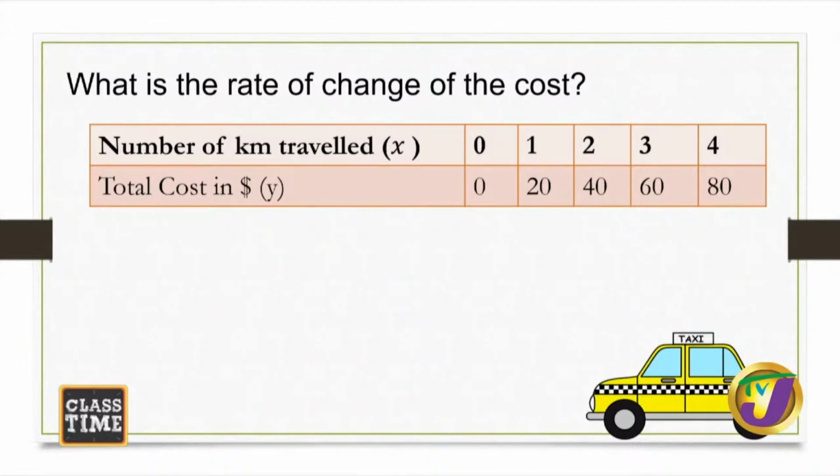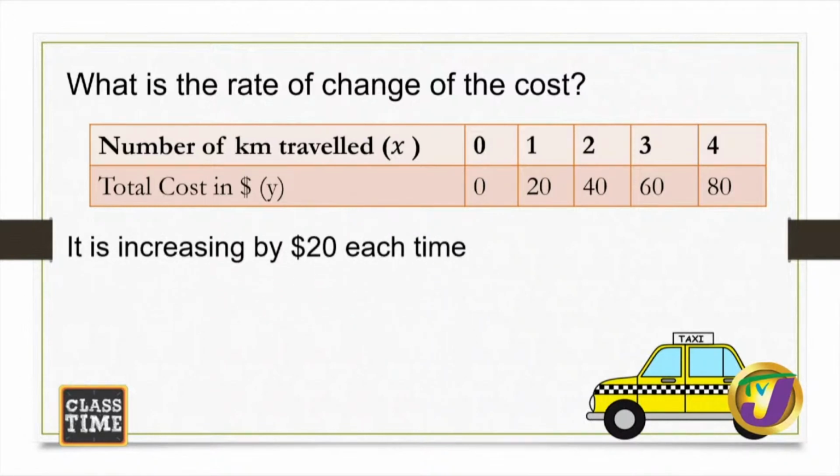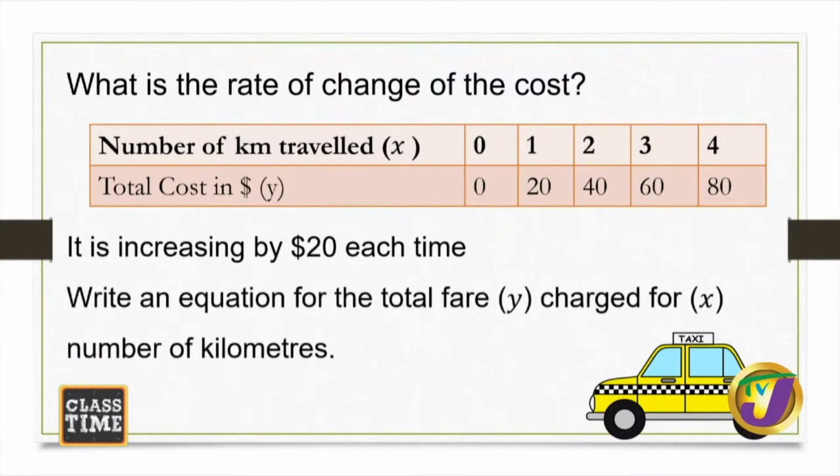In examining the table, we recognize that each kilometer we're increasing by $20. Very good observation. So each time we go up 1 kilometer, the cost is increasing by $20. You are right on the ball. So it is definitely increasing by $20 each time.